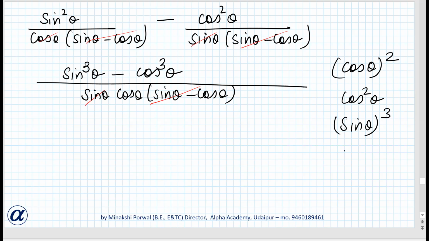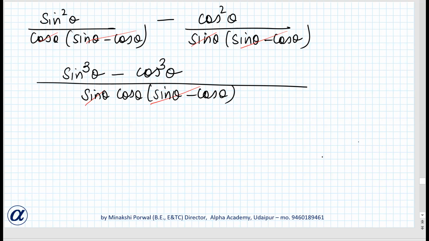Any cube term we write this way actually. We don't write theta the whole square, but we write it this way. Okay. So any doubt? Now is it clear? Yes, Hinal, Himani, is it clear now? Yes, ma'am. You can show the previous slide, please.